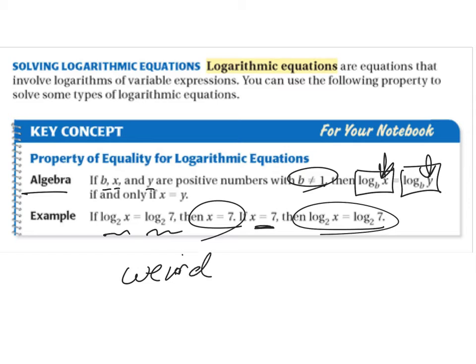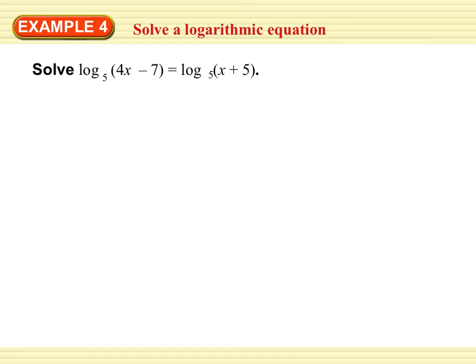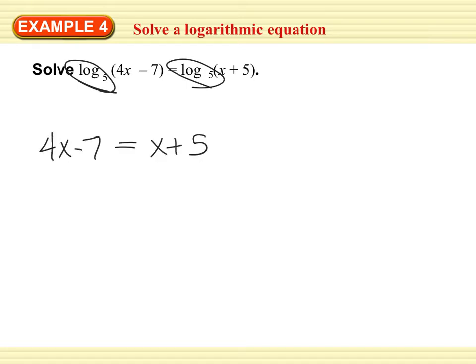But let's do an example and it'll all make sense. Okay, so here, whoa, that's really crazy. But I see that I've got log base 5 and log base 5. Therefore, I can say that 4x minus 7 equals x plus 5. Okay, it's not really cancel out, but that's the algebra behind it. The property of equality for log equations is what we're using here.